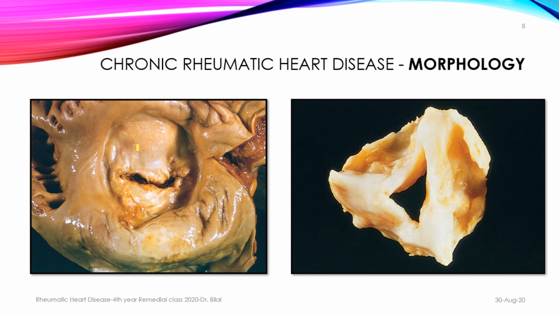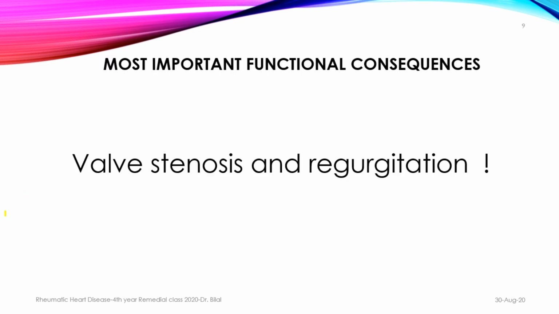You can see here the mitral valve leaflet is fairly narrowed. This cannot function properly, and in this region, this is a removed specimen from the patient, and it has become whitish and fibrotic. So this is a consequence of chronic rheumatic heart disease.